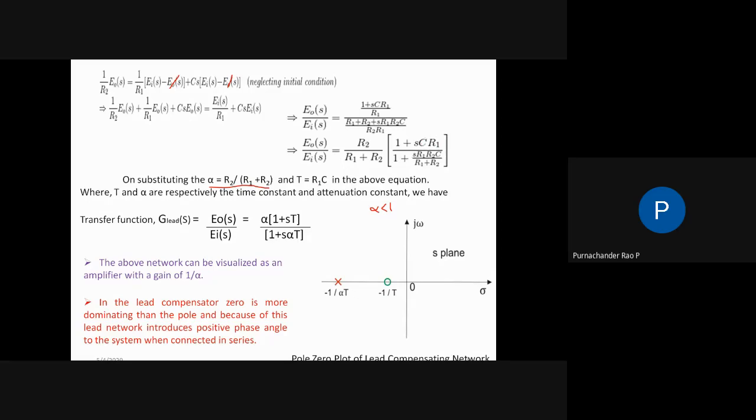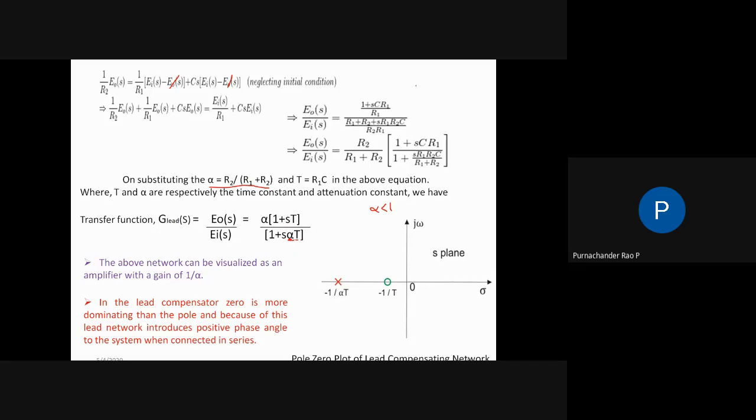So this transfer function can be represented in the standard form for the lead compensation as alpha into 1 plus S into T, because R1 into C is represented as the time constant T, and R2 by R1 plus R2 is represented as alpha. This is a standard form of a transfer function, which has one zero and one pole.